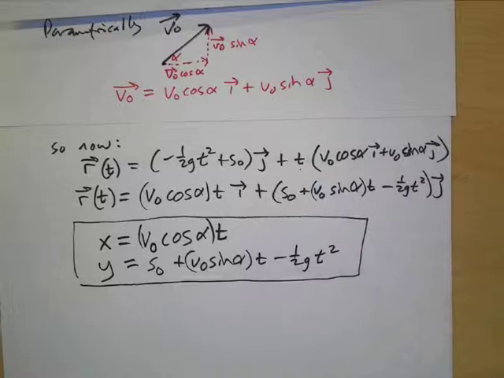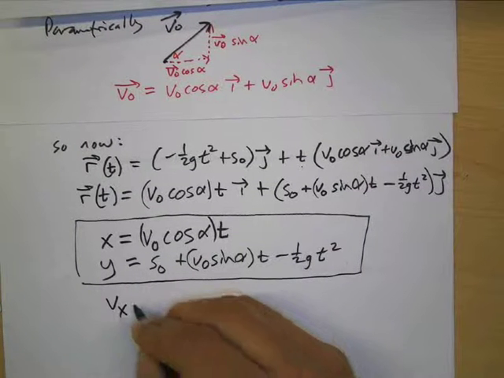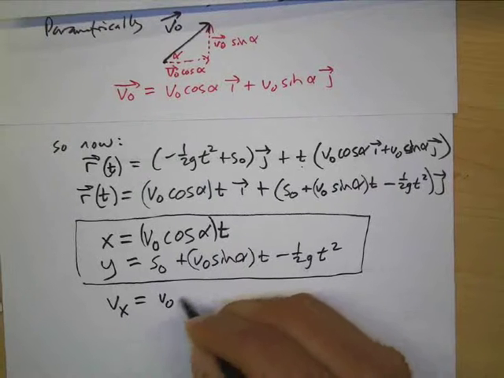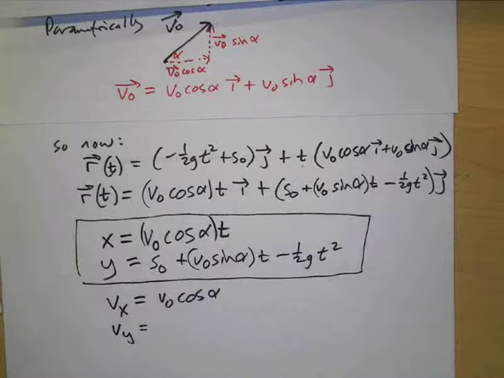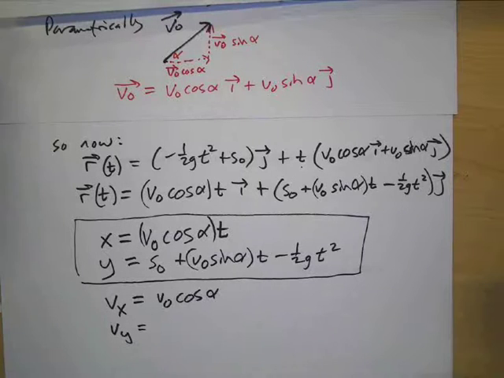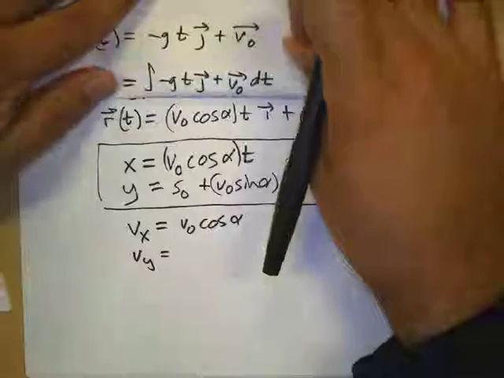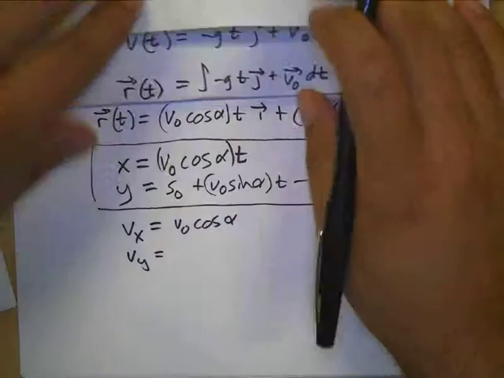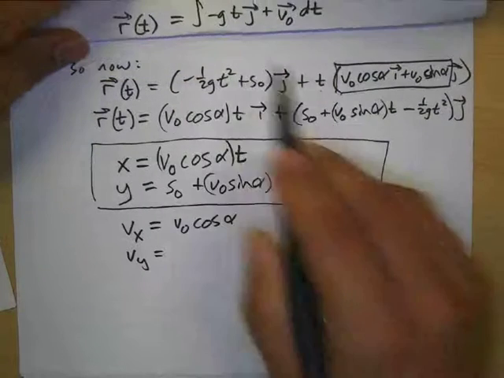Maybe different labeling, maybe you use thetas instead of alphas, but it's the same. Now, we already talked about this, but it's worth writing down. Velocity in the x direction is v naught cosine alpha, and velocity in the y direction, so we're using this for velocity and combining it with minus gt.